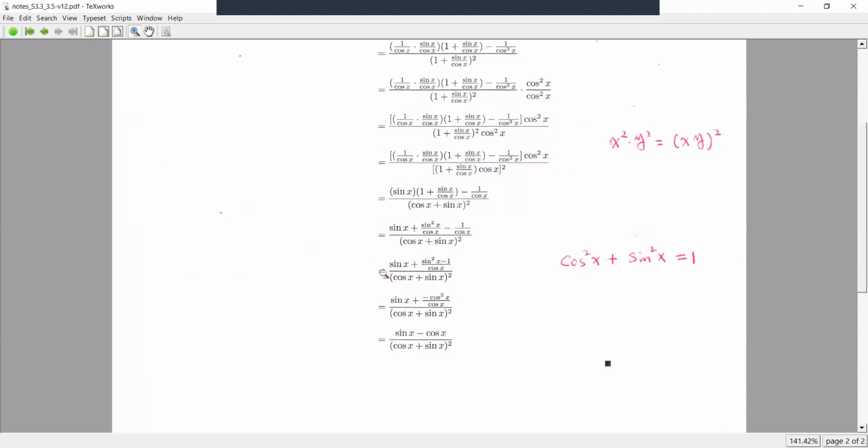Then we have this equation. Sine squared minus 1 by this formula is negative cosine squared. In this fraction, cancel 1 cosine, then we get this equation. This is the answer in part A. Therefore, the answers in part A and in part B are actually the same answer.